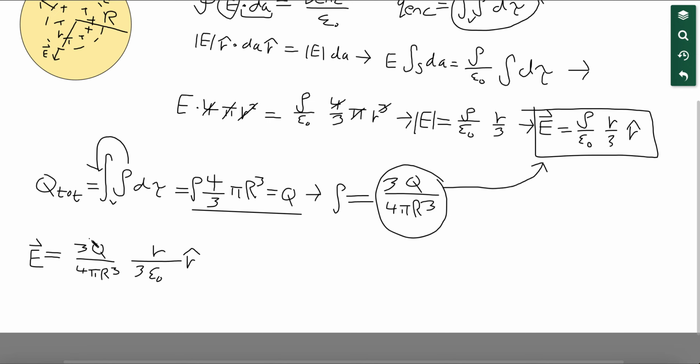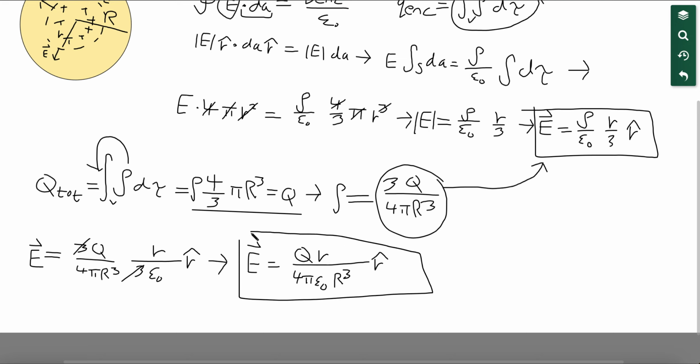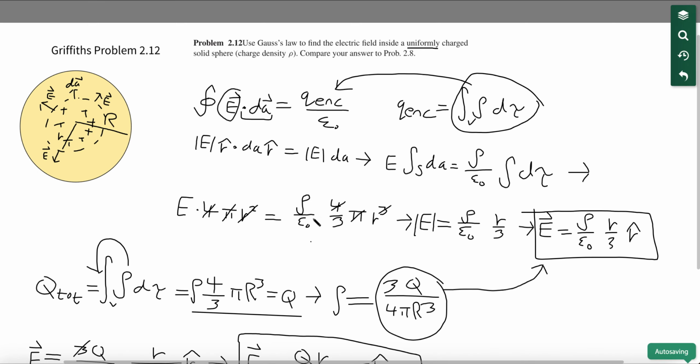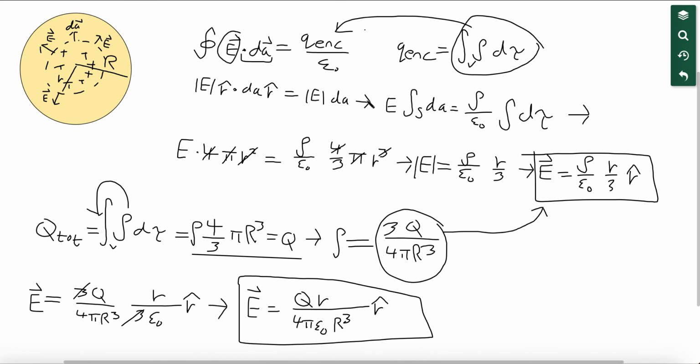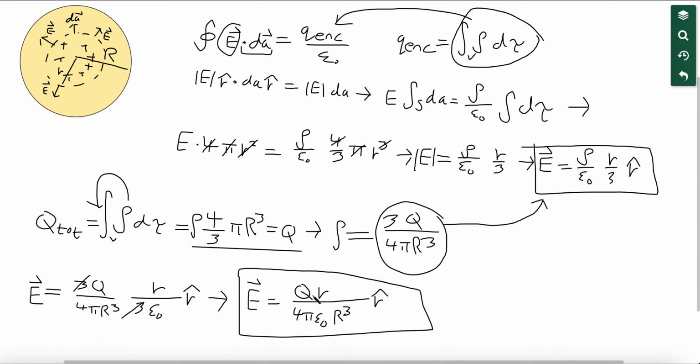We see that the 3's cancel each other out, and this gives us our final answer, which is the electric field is equal to Q times little r over 4 pi epsilon naught big R cubed, r hat. With this, we're able to compare our answer to 2.8 because we solved the electric field in terms of the total charge. And with that, 2.12 is finished.